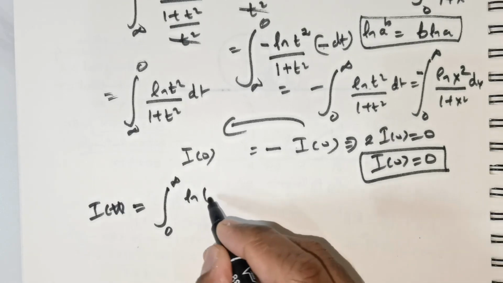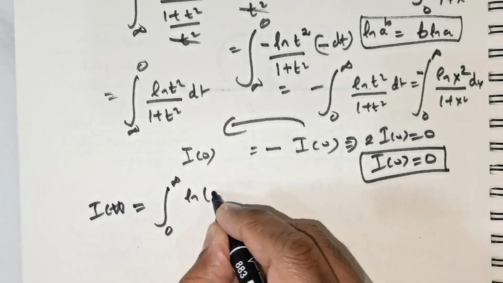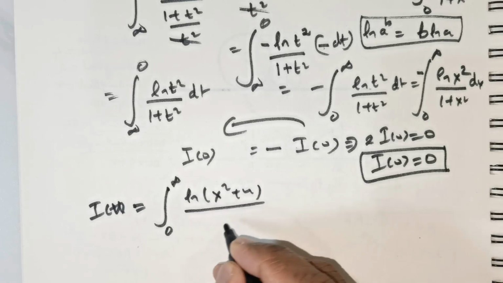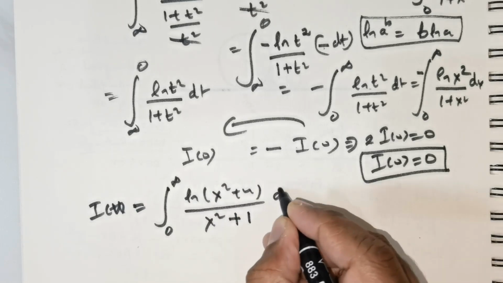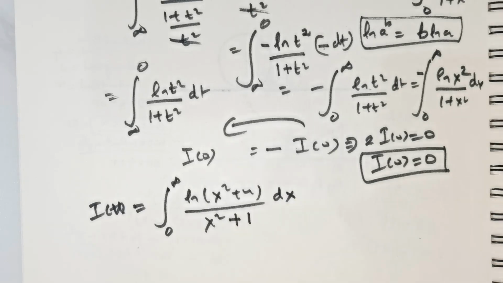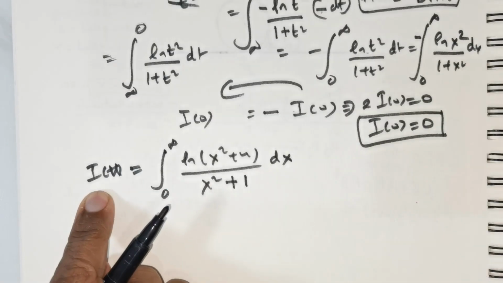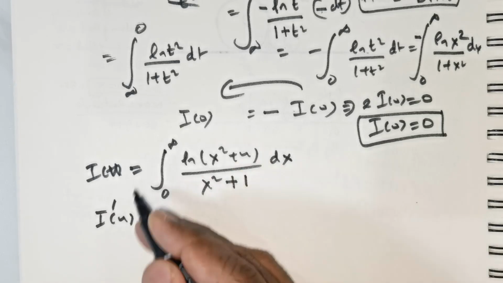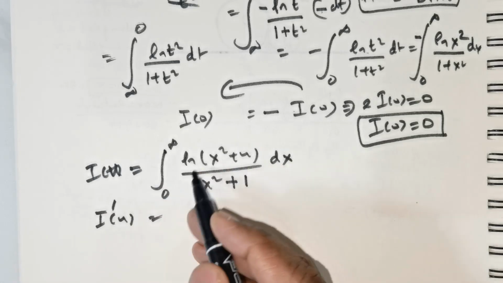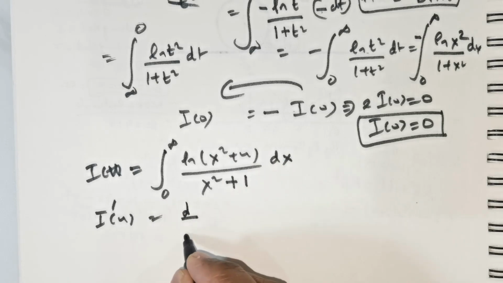I of u to be as integral 0 to infinity ln of x squared positive u divided by x squared positive 1 times dx. Now what I wish to do is I would like to differentiate this. Now if I differentiate this, I would get I dash of u. This differentiation would be taking place with reference to u.